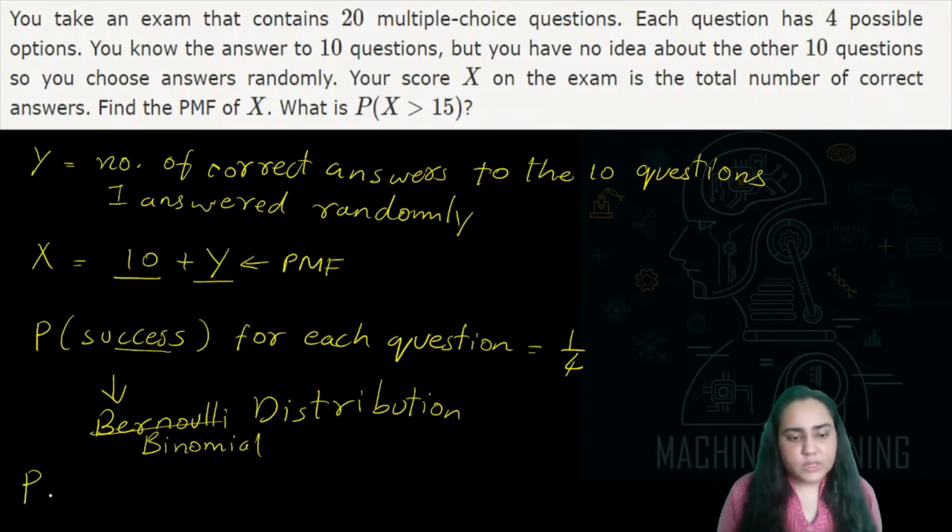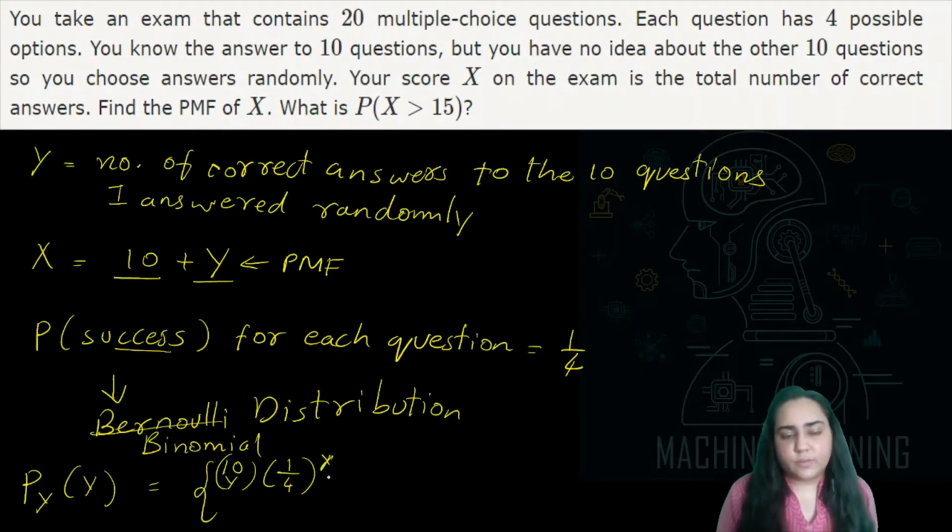And so I can say that the PMF of Y is going to be equal to 10 choose y, which is the formula for the binomial distribution, times the probability of success, 1 by 4, to the power y. Small y is the number of successful attempts, which means the number of correct answers.